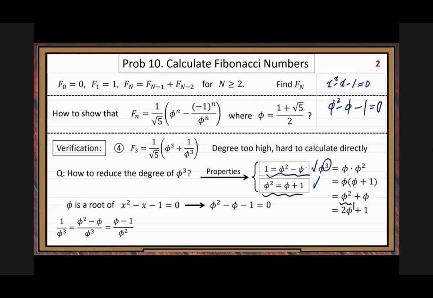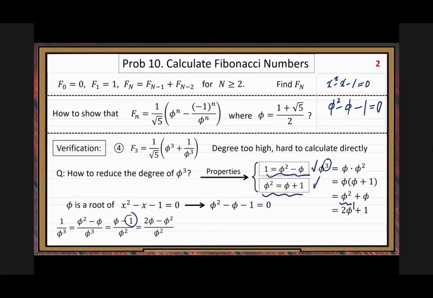Next, you see 1 again, right? Another 1. Can we apply the first property of the golden ratio another time? Replace 1 by the whole expression phi squared minus phi.